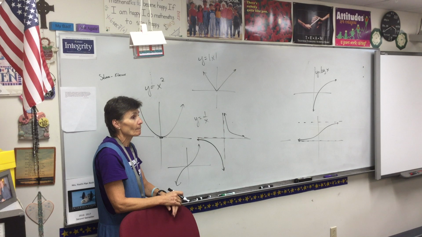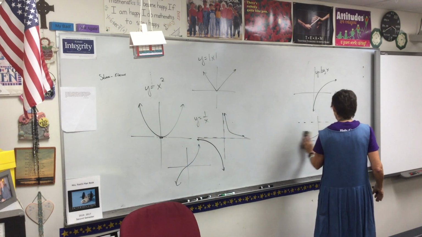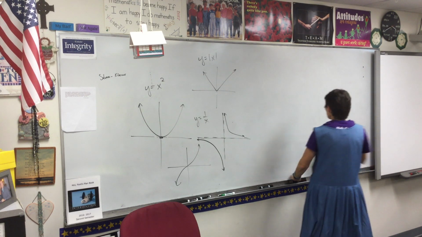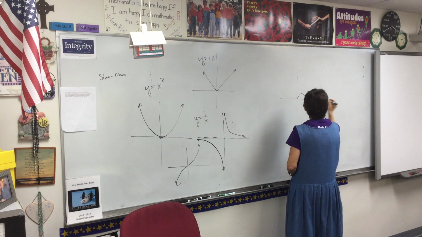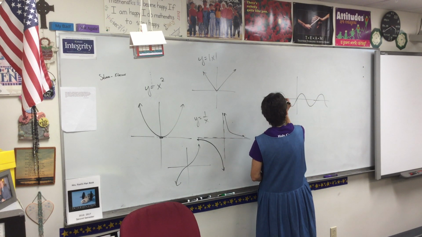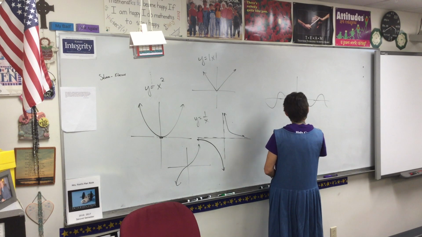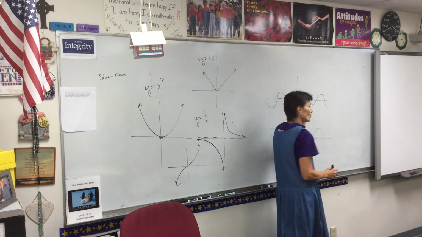Izzy? Sine and cosine are the obvious ones. The third one is a little tricky, but the sine and cosine, what do they consist of, kids? Infinitely many hills and valleys. So if somebody said to me, Lisa, what is the maximum point on the sine curve?